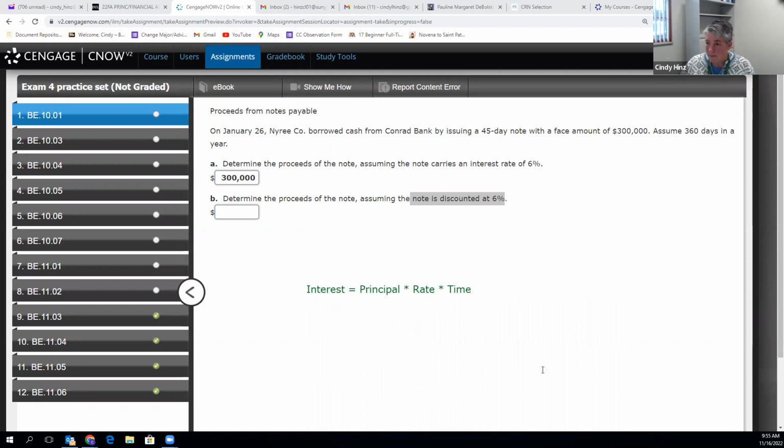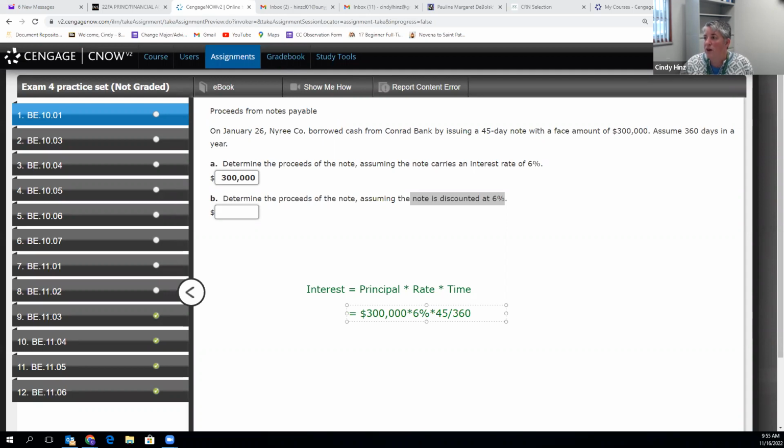So to do this calculation, to find the interest, we start with the principal, the 300,000. The interest rate is 6%, we are told, and the time is 45 days, but we need to express that time as a portion of the year because the interest rate is an annual interest rate.